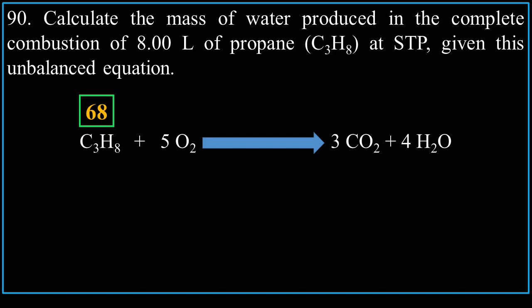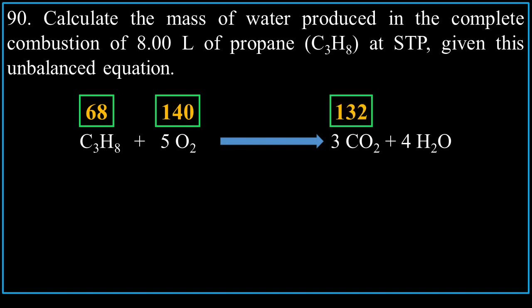So 1 is to 4 as 8 is to what? So it's going to be 32 liters of oxygen. Well, I'm sorry, 32 of water. 32 liters of water will be produced with 8 liters of propane.